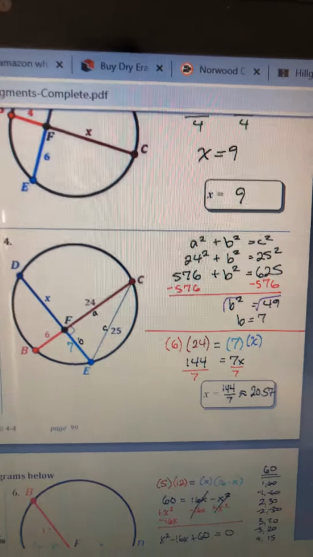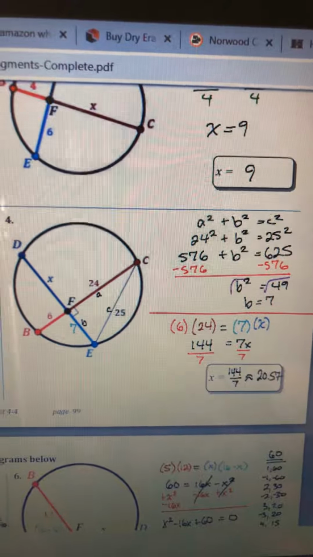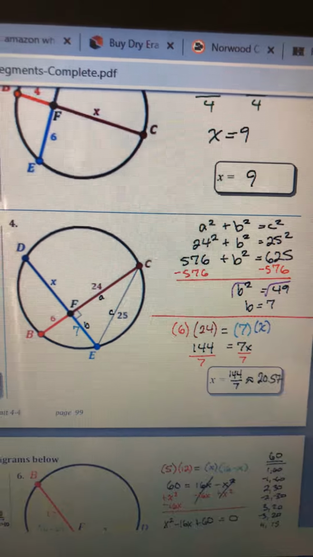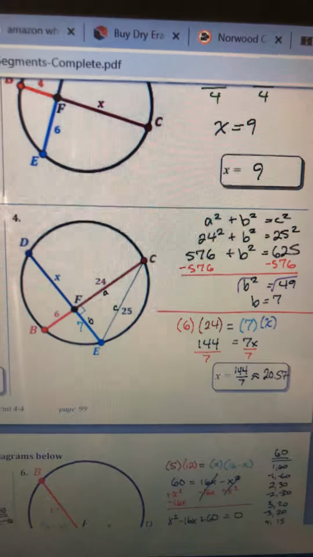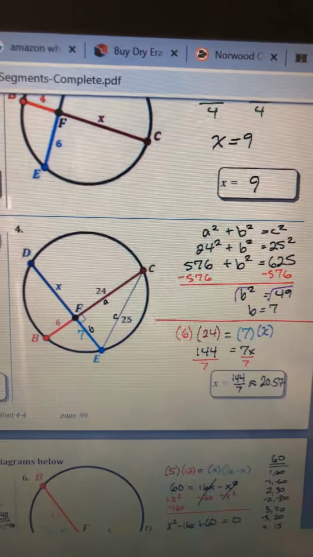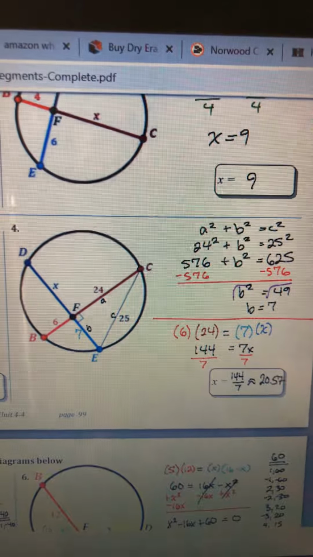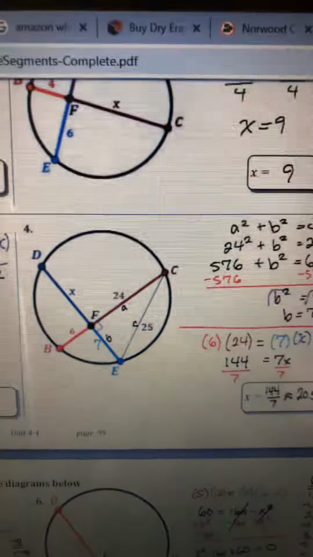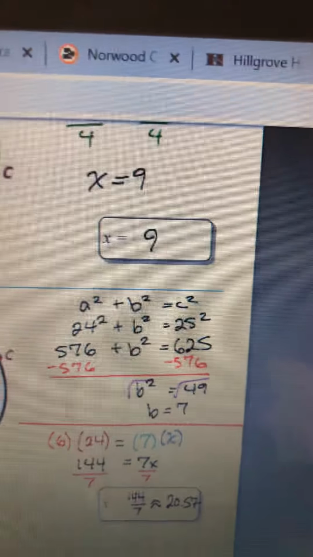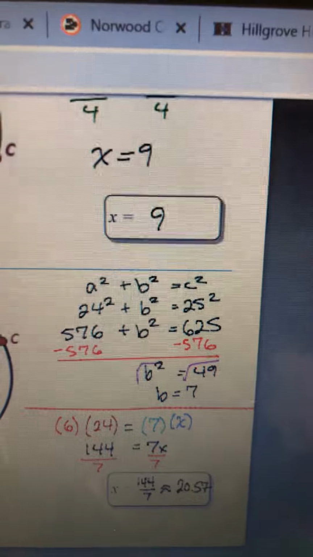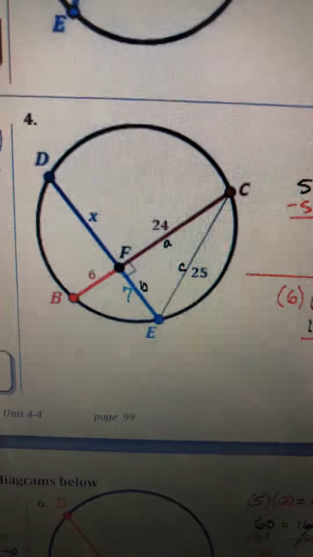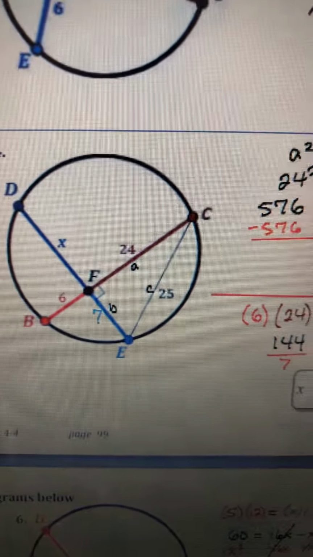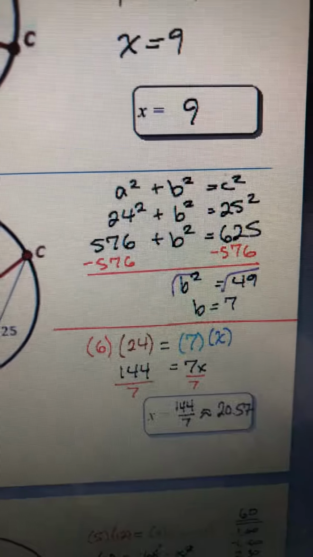We also have a triangle that is being made from CFE because of chord EC, which is 25. That makes it possible for us to solve for B by using the Pythagorean theorem. The first thing we're going to do is say a squared plus b squared equals c squared. We have a and c, which is 24 and 25. We have to solve for b.